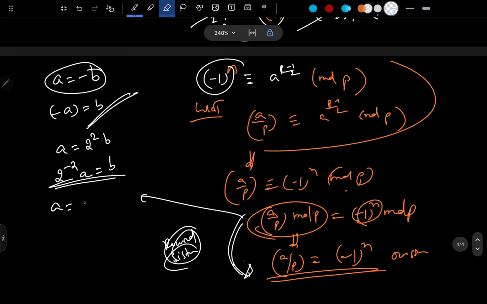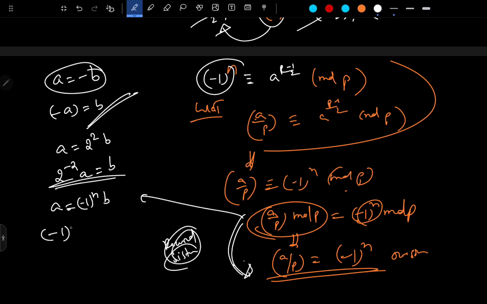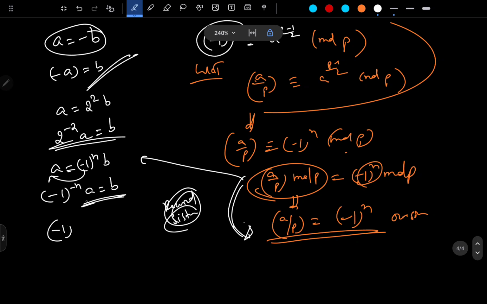But suppose a equals minus 1 whole power n times b. Then if I take the right side, it should be minus n a equals b, but still I am writing a equals b, because that is the beauty of it.